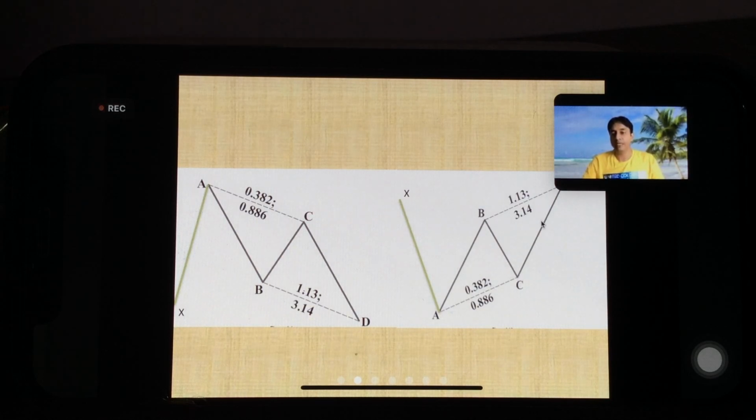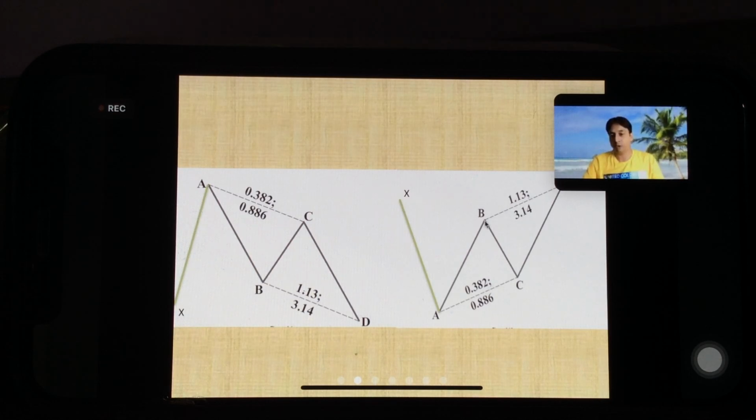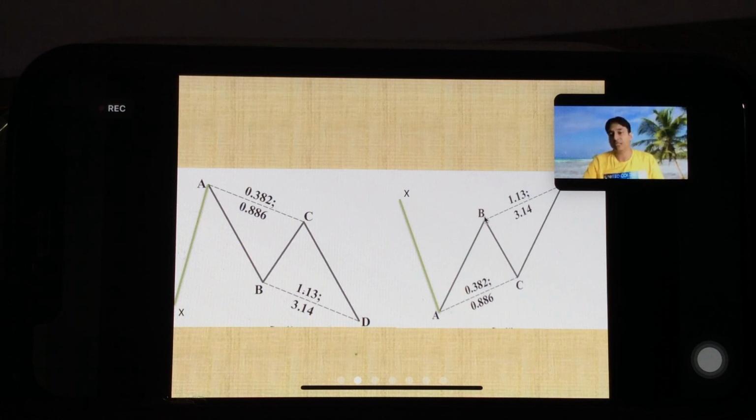When it crosses B, that will be extension. But when I plot Fibonacci from B to C, and price comes back up to D, it will be a 100% retracement of this B to C move. So these levels we are seeing are BC projection levels.